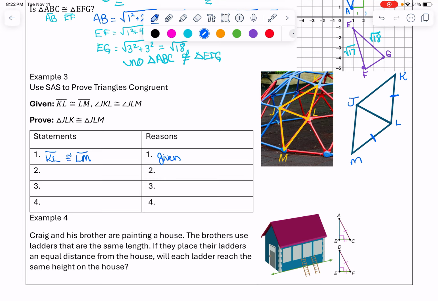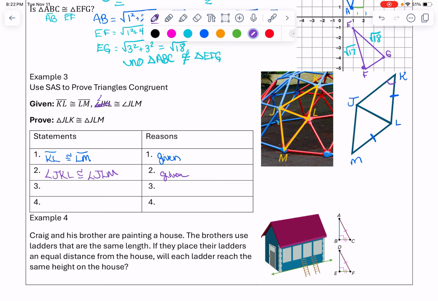Then it says that angle JKL is congruent to angle JLM. Let's try that again.